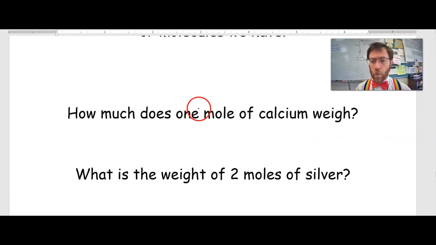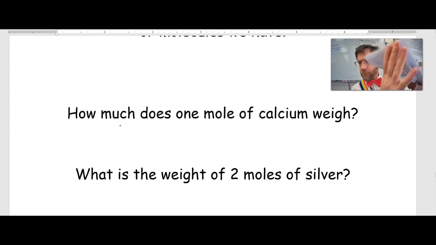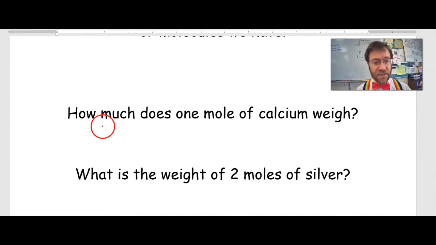So, how much does 1 mole of calcium weigh? I don't know. Well, it says right here that the atomic mass of calcium is going to be 40.1. So it says that calcium is 40.1 AMU. So how much does 1 mole of calcium weigh?